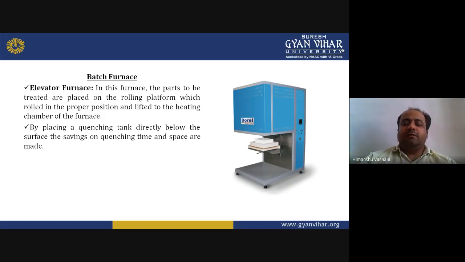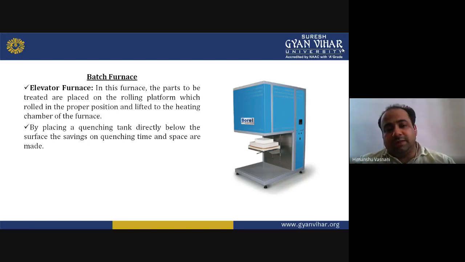Second, if you want to save some more time, you can place the quenching tank directly below the surface. Here, the time required for moving the material to the quenching tank is saved. The space is also saved because the quenching tank is placed directly below the surface.